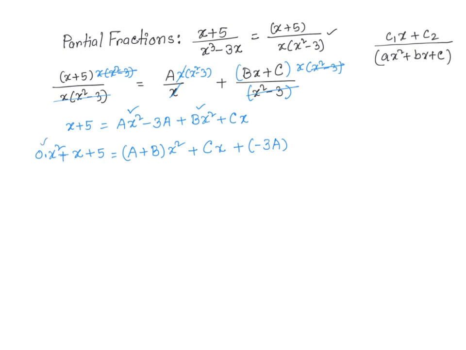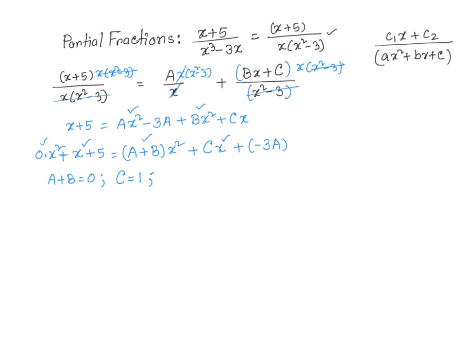The coefficient of the square term on the right is a plus b. So that tells me right away a plus b must be equal to 0. Then the coefficient of x on the left is 1, and the coefficient of x on the right is c. So c must be equal to 1.